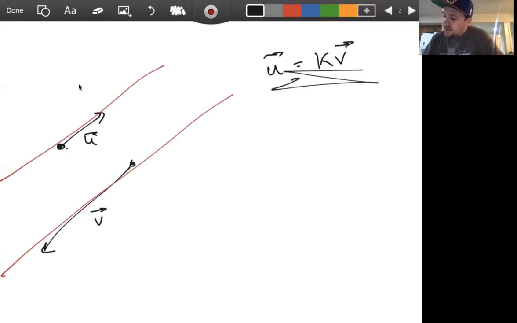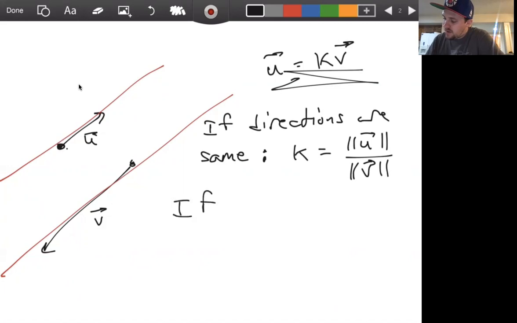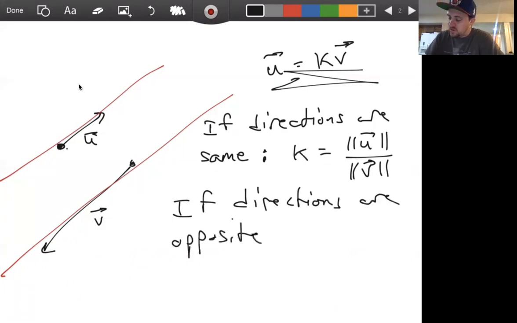And so if the directions are the same, then we can define k to be the magnitude of u over the magnitude of v. This gets us the scalar we want. If the directions are opposite, like the picture I've drawn over here, then we can just define k to be negative magnitude of u over the magnitude of v.